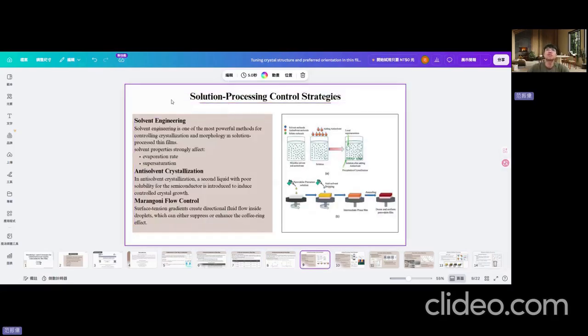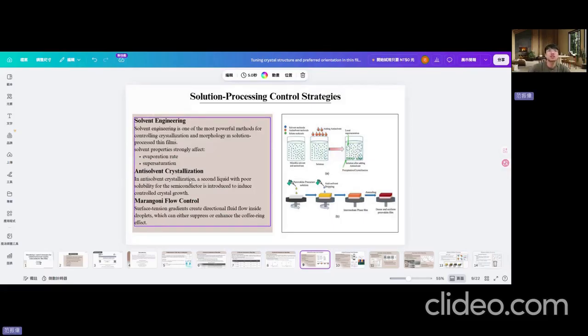And then solution process control strategy. The first one is the solution engineering. The review paper explains that solvent properties strongly affect the evaporation rate, solute diffusion, molecular diffusion, and fluid flow structure, crystal packing, and domain alignment.